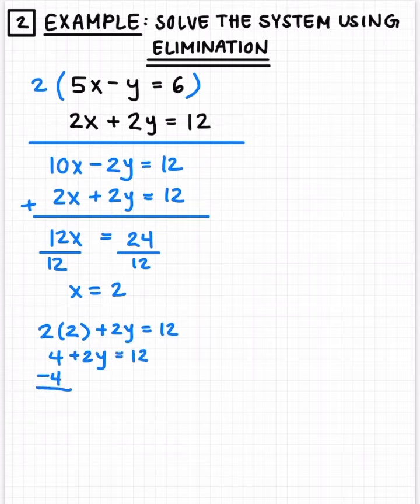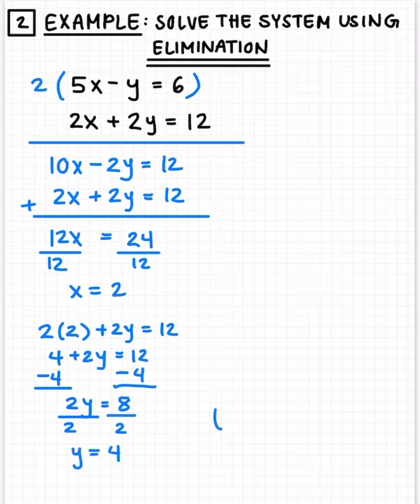Subtract 4 from both sides of our equation. We get 2y equals 12 minus 4 equals 8. And then divide both sides by 2, and y equals 4. So our unique solution is 2, 4.